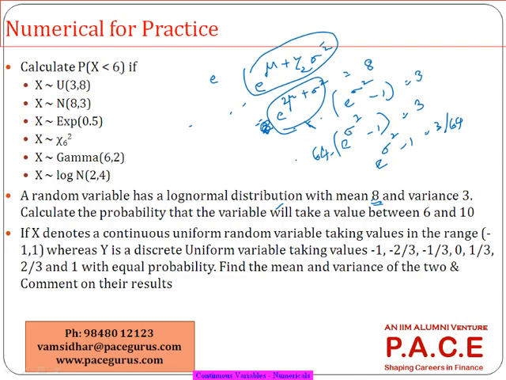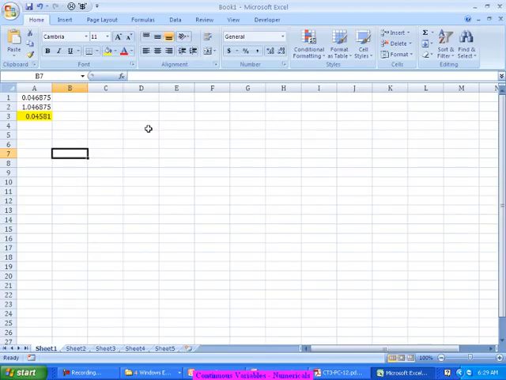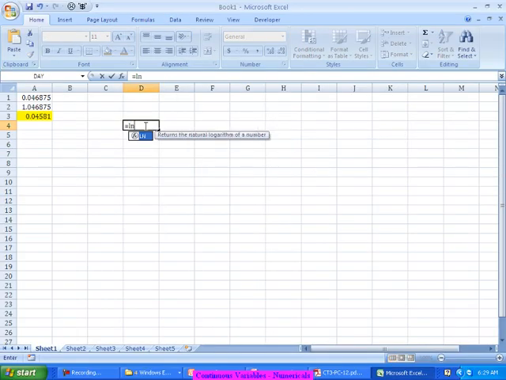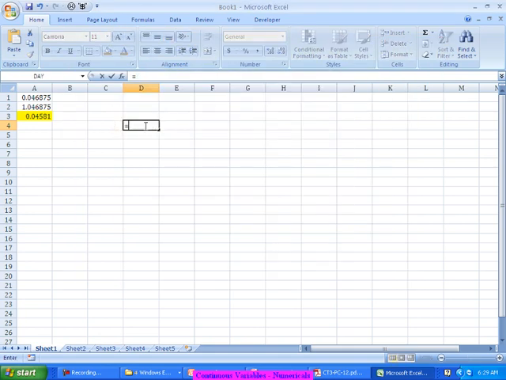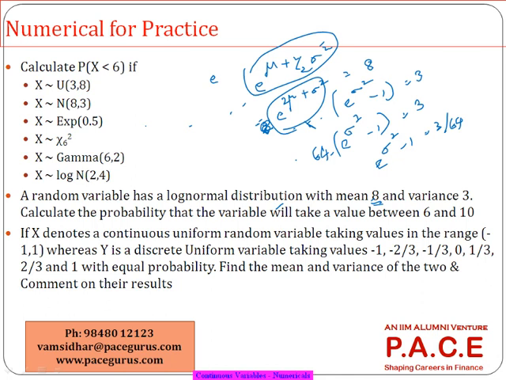Now what I can do, I can substitute here e power mu plus half sigma squared equal to 8. So mu plus half sigma squared equal to log 8. So I am saying log 8, right? This is mu plus half sigma squared. So sigma squared I already know.